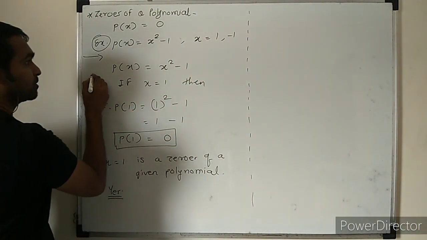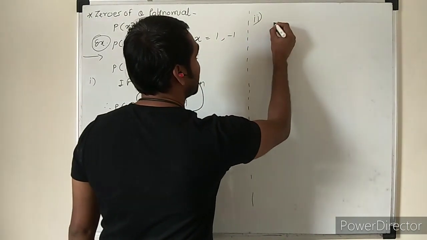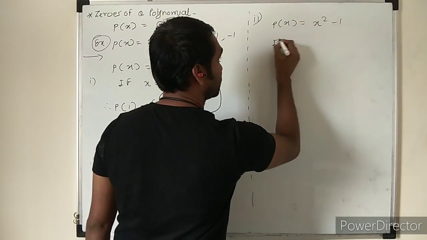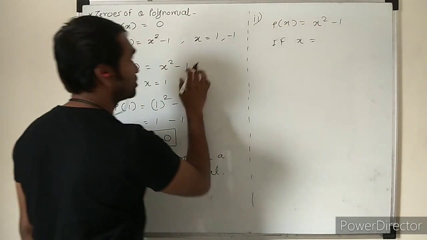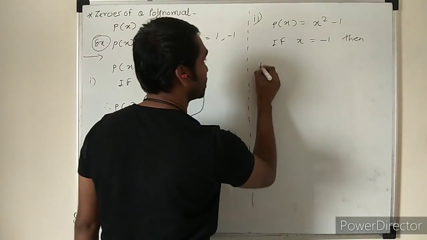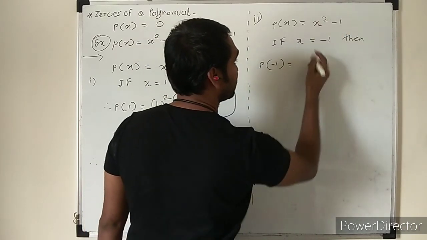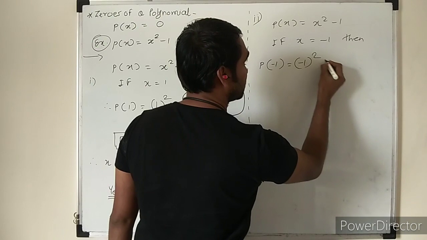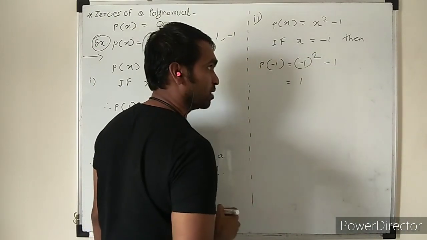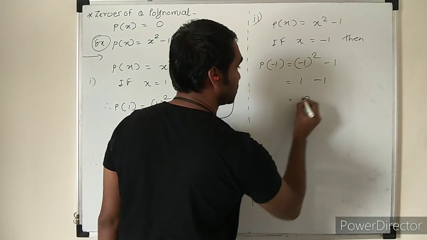Okay. Next, second value x is equal to minus 1. This is the first number. Okay. Next, second number. P of x is equal to x square minus 1. If x is equal to minus 1, then put the value. P of minus 1 is equal to x square, means minus 1 square minus 1. So minus 1 square means 1, minus 1. 1 minus 1, 0.